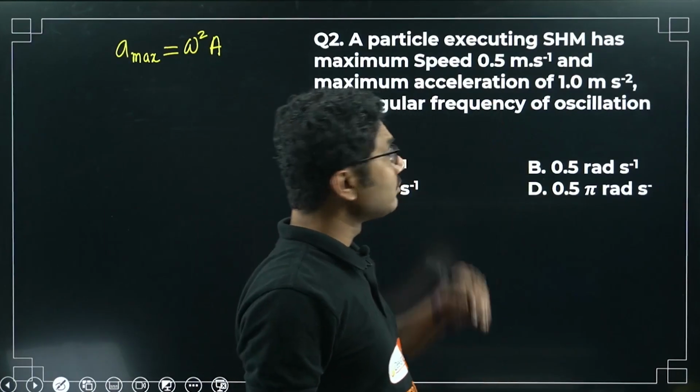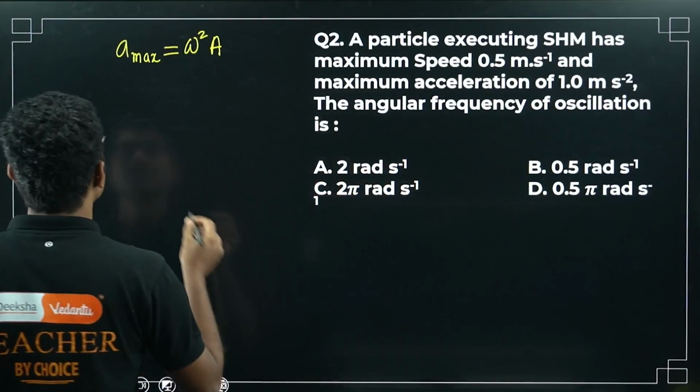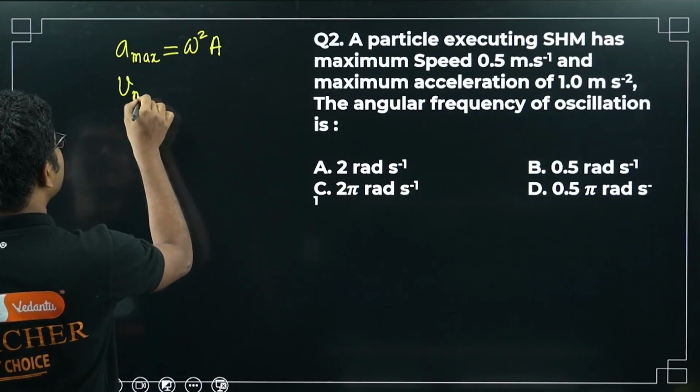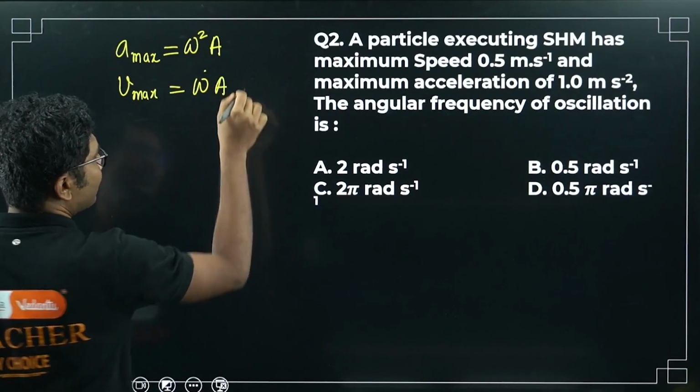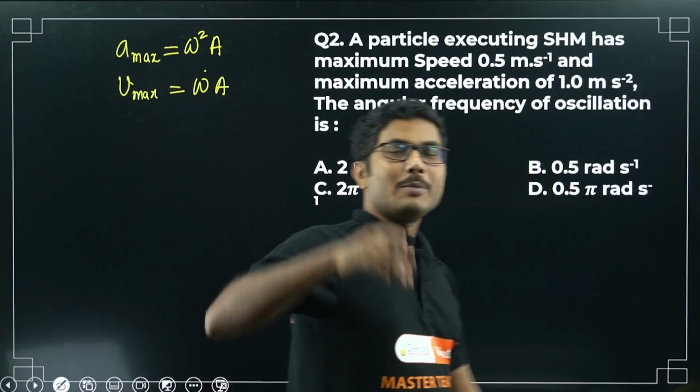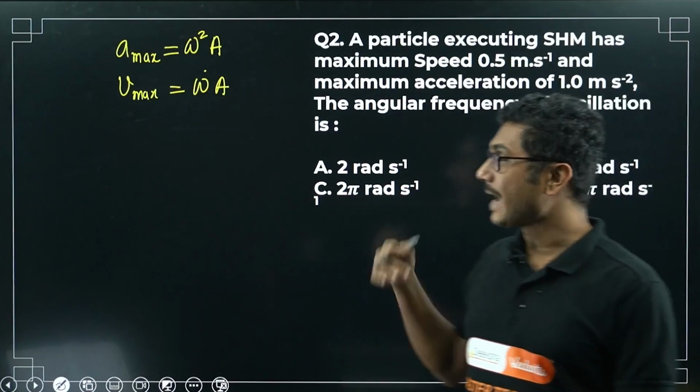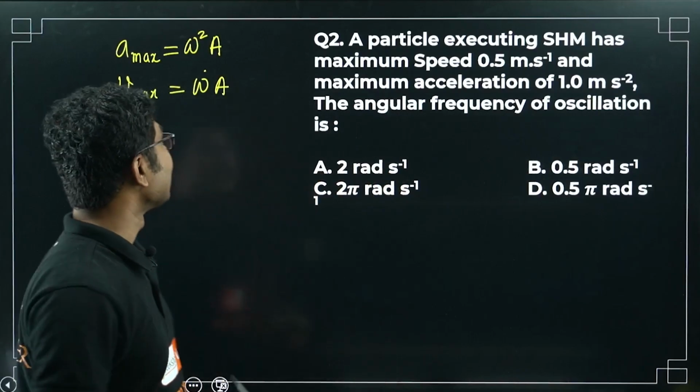Now the amplitude is not given, but we don't require it because we know that velocity max is given by omega a, not square, and acceleration max is given by omega square a.